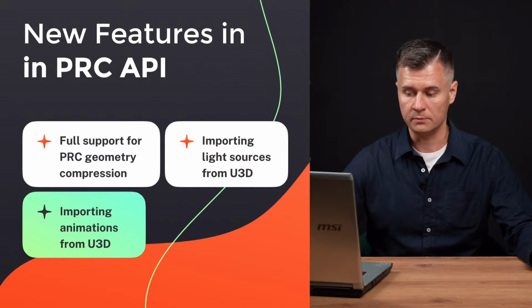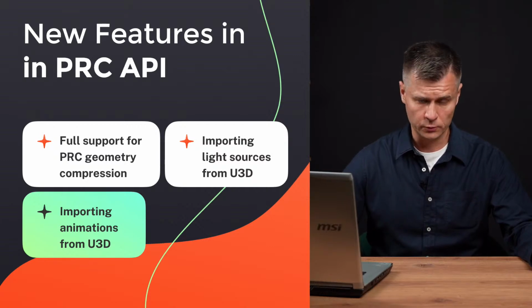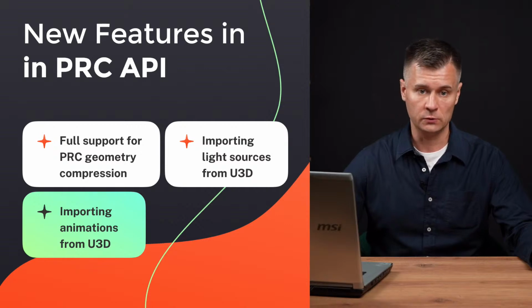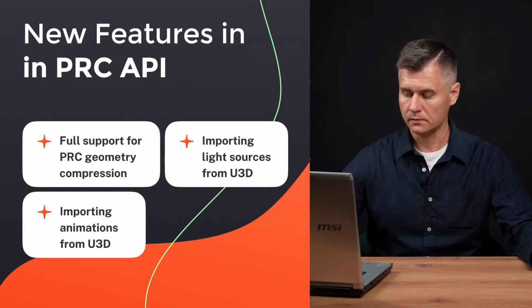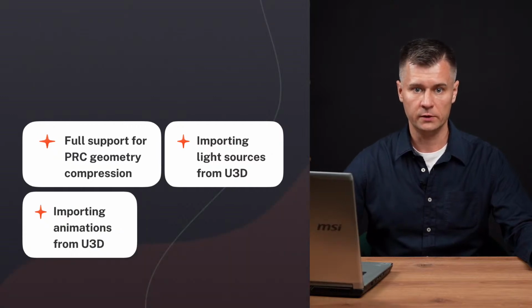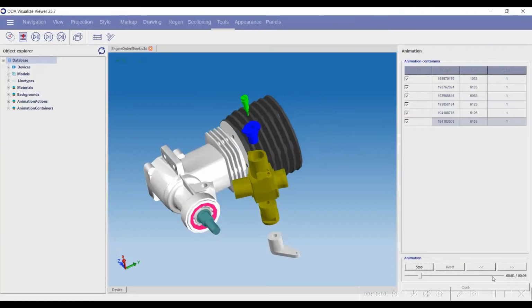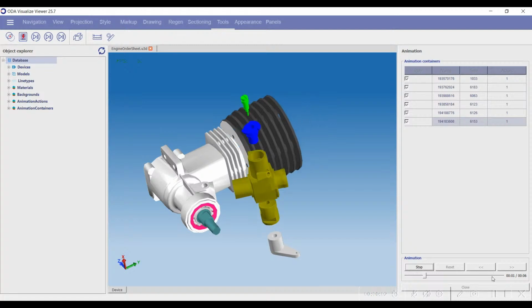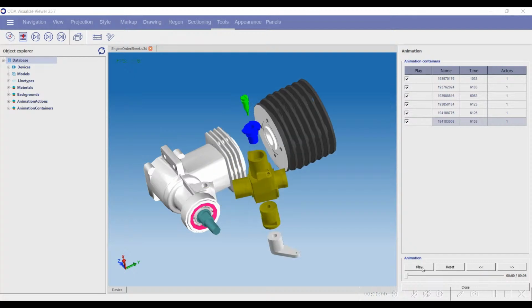Therefore, we have recently implemented support to import this data from U3D to Visualize format. Here is a demo of what we implemented. As you see right now on your screen, the animation mentioned. So you can create similar things with our toolkits in your application.